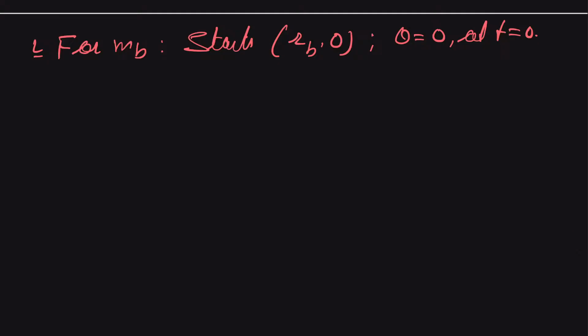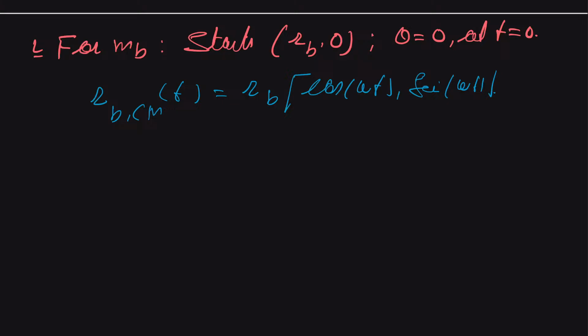Therefore, the position of B in the center of mass frame as a function of time will be R_B times (cos of omega t, sine of omega t).